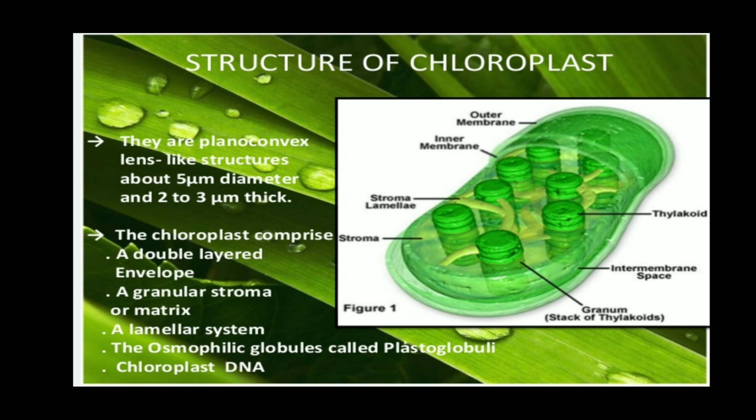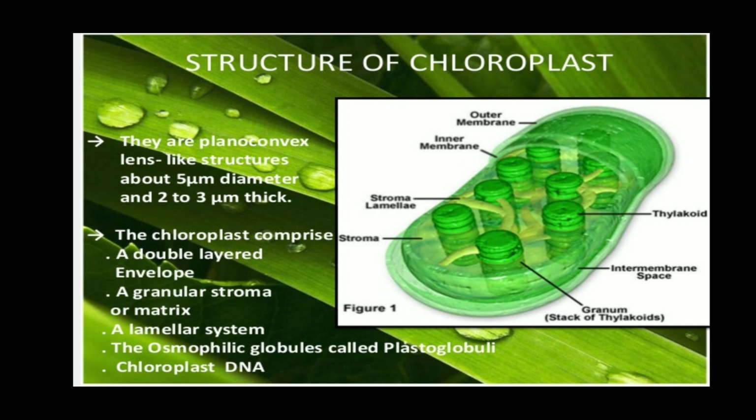There are many grana arranged inside this chloroplast, okay? And you can see the gel-like substance, like the cytoplasm in the cell, which is called the stroma, right?